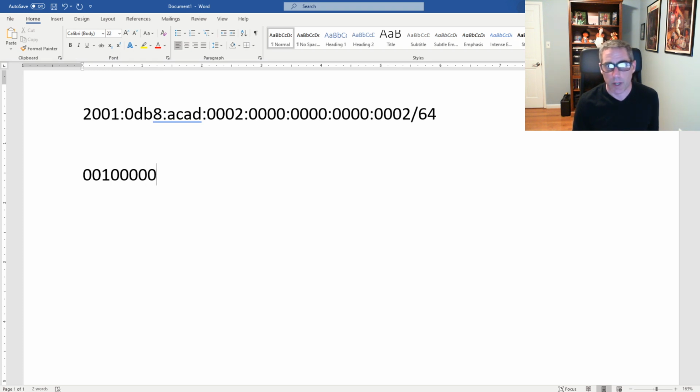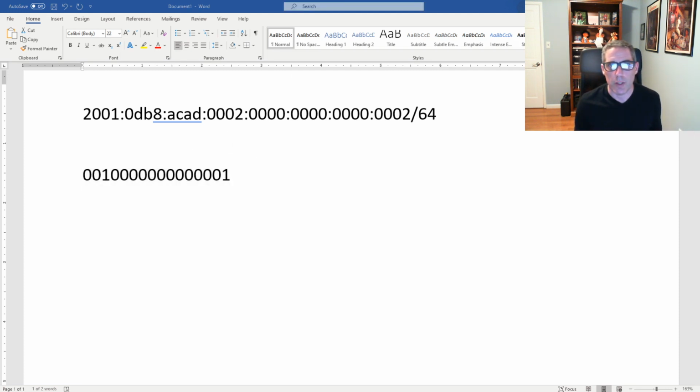The next 0 is four zeros, and then we have a 1, which is 0001. So this looks longer. It's actually 4 times longer, and it's a lot harder to keep track of. If you had to type this out, you would very easily add a 0, lose a 0, or mix things up. And that's just one hextet. You have 8 hextets, so you're really prone to error here.